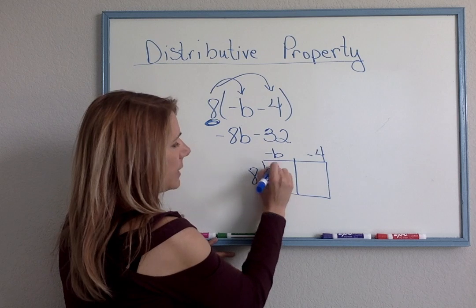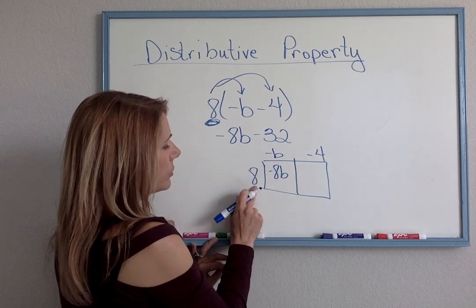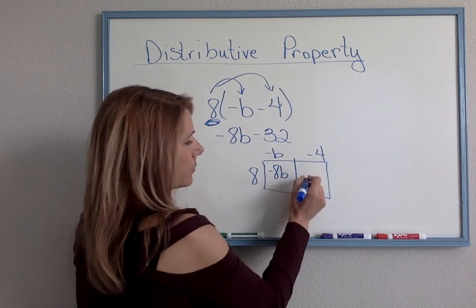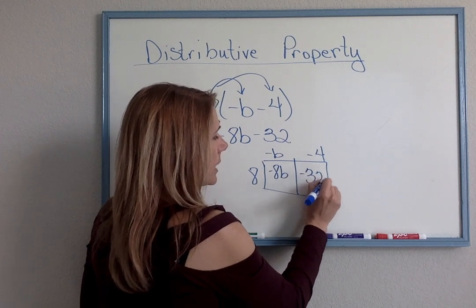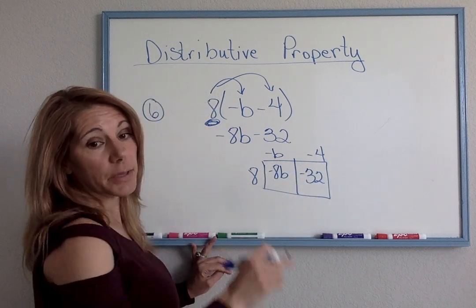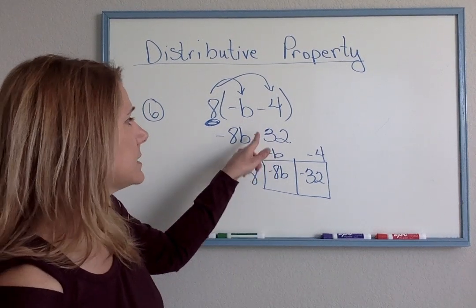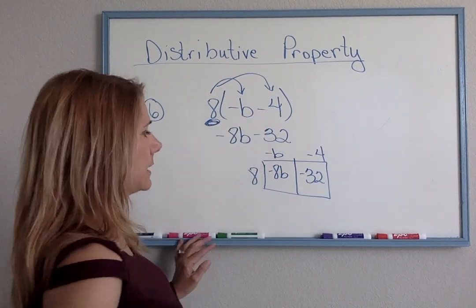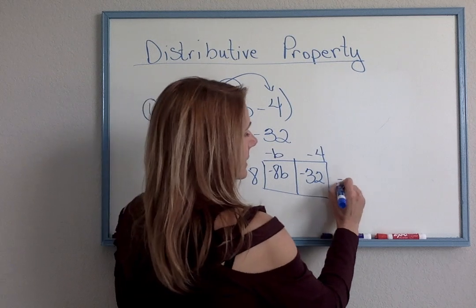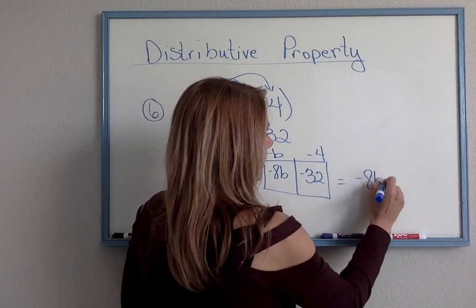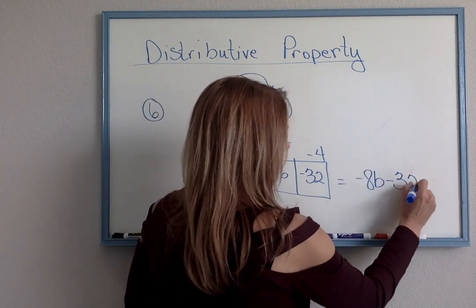So I get negative 8b, and then 8 times negative 4 is negative 32. Some people make a mistake up here because they aren't really paying attention to that minus sign, that negative sign here. So if you notice, I get the same answer, negative 8b minus 32.